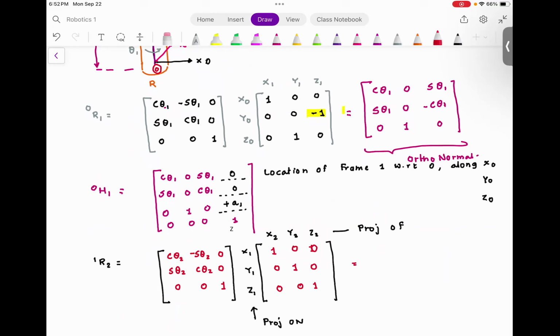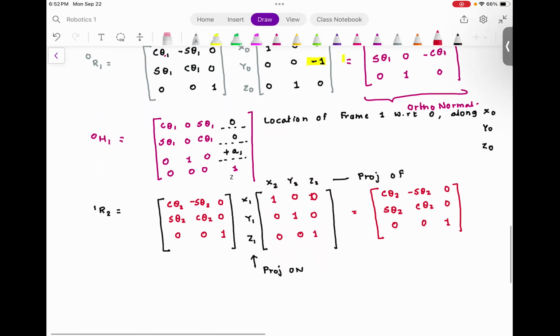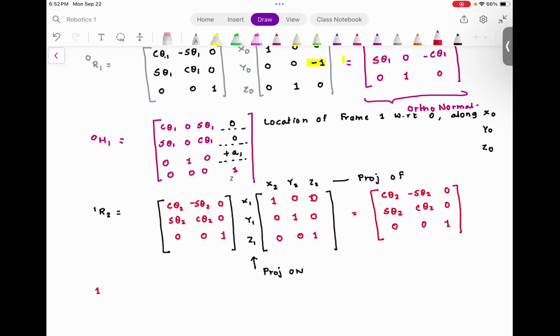And when you perform the multiplication, any matrix multiplied by the identity matrix is going to be cosine theta 2, minus sine theta 2, 0, sine theta 2, cosine theta 2, 0, 0, 0, 1. Now we have to write the homogeneous transformation 0h2.